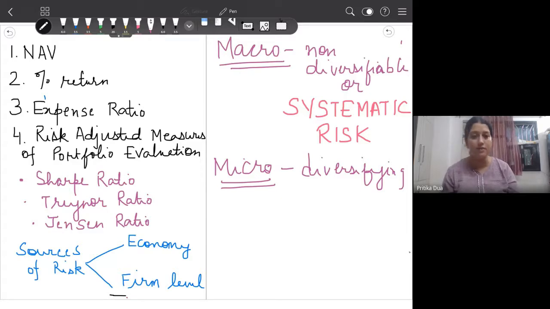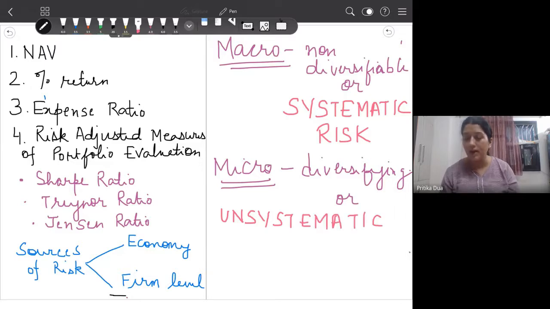You can diversify, and this is known as the non-systematic risk, or unsystematic risk: risk that can be reduced, even completely eliminated, by diversification.